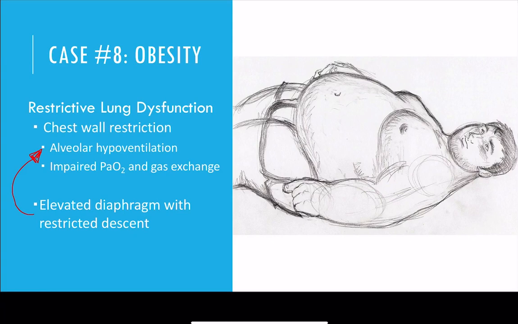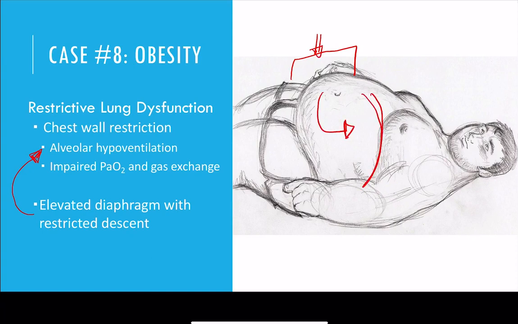But with the diaphragm pushed up, you have resistance against descent. In order to use our primary muscle of inhalation, our diaphragm, the dome has to descend. In the supine position, we have an incredible amount of weight that is resisting.